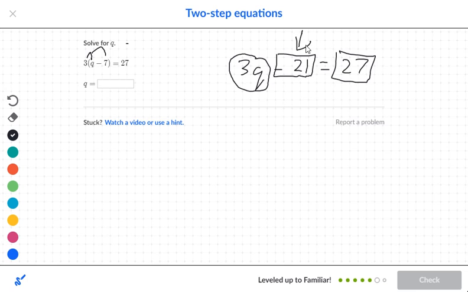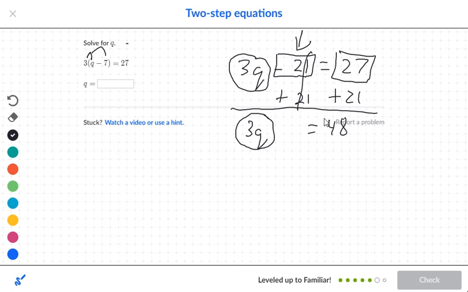So we realize that this has to go because we want one circle equal to one box. So to move a minus 21, remember the word move is opposite. So this is going to become a positive 21. So now when we add, this cancels. This leaves me with 3q is now equal to 48.